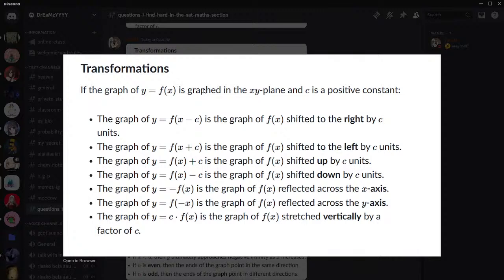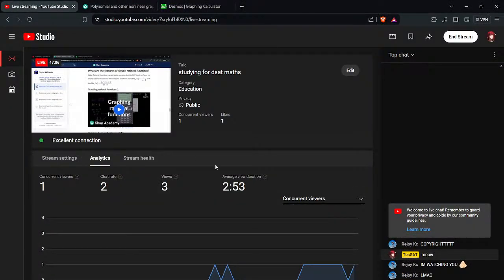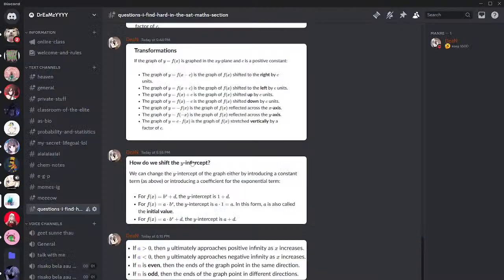If it's with x, then it's the y axis. If it's without x, then it's the x axis. Okay, I got you. I learned this stuff. Let's go.